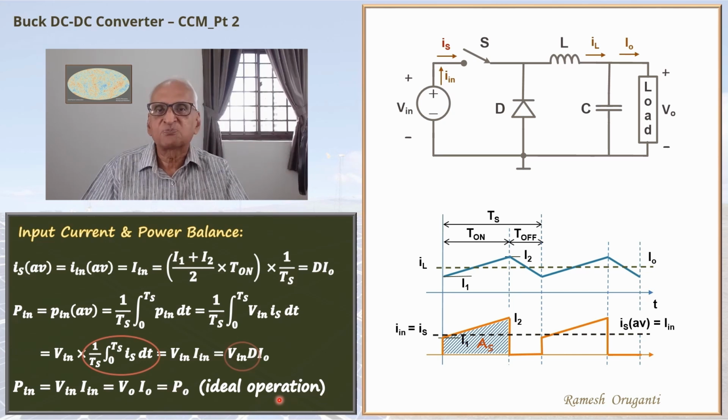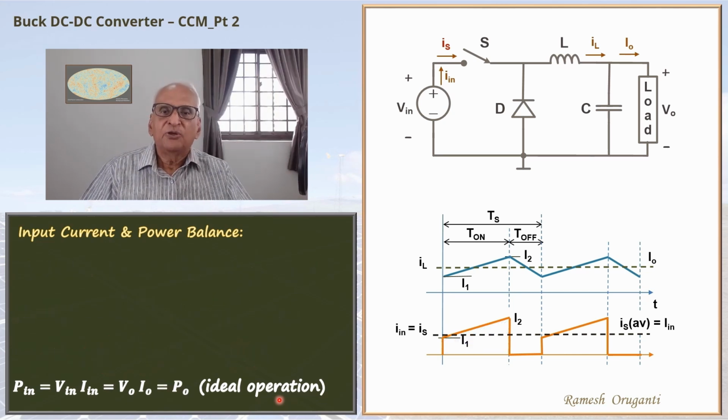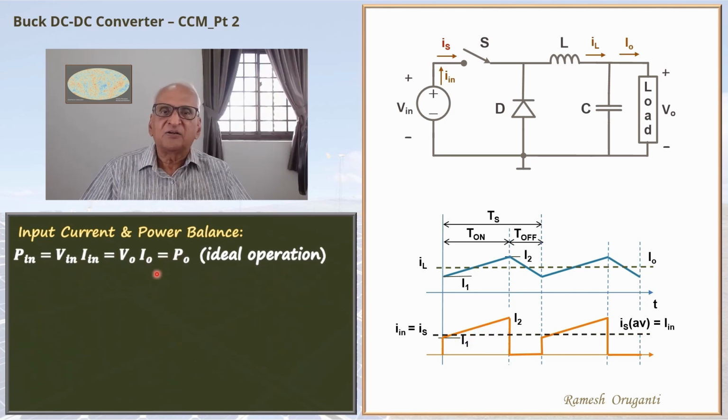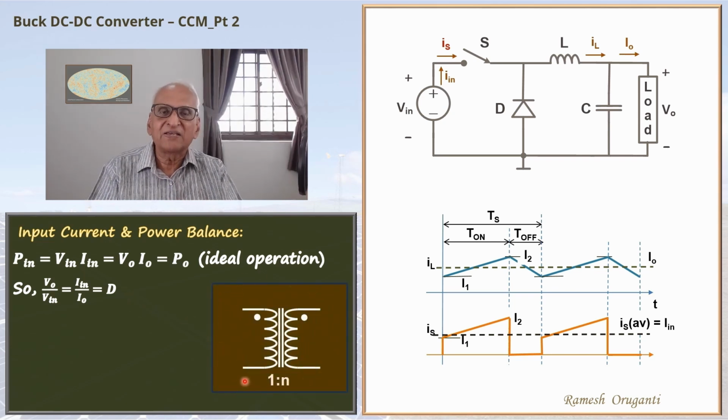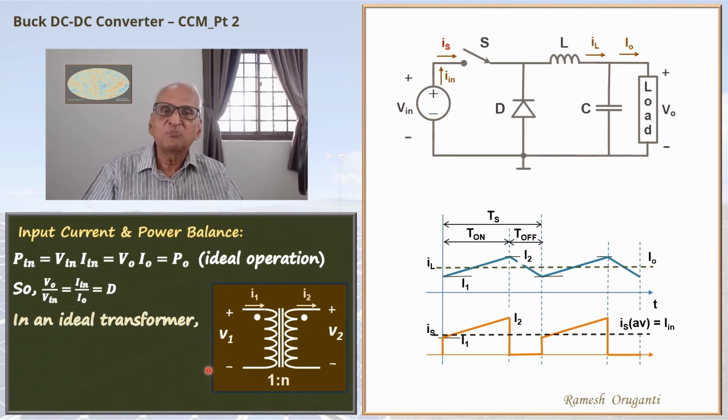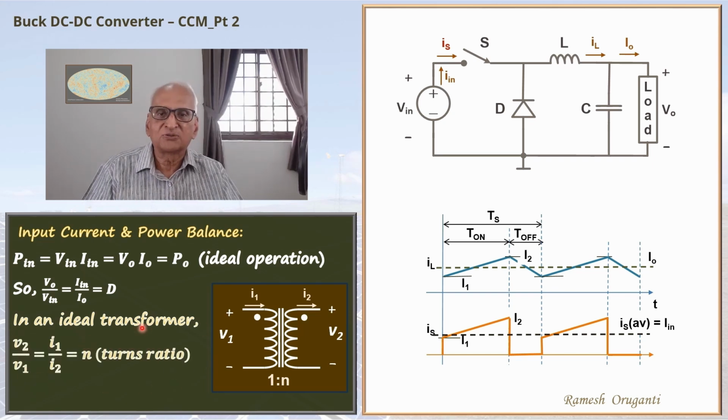P_0 equals P_in. You consider this part, V_in I_in equals V_0 I_0. All the quantities are DC quantities. This looks very familiar. If you take an ideal transformer, neglect the magnetizing current, neglect leakage inductances and other stuff, then V2 by V1 equals I1 by I2 equals N, the turns ratio.